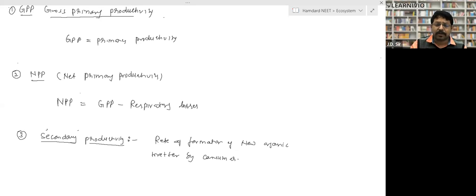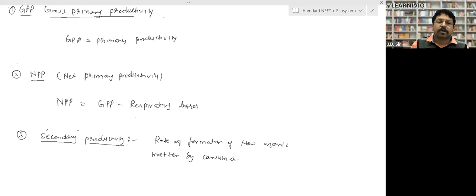So in the net, what has it produced? It has produced just 90 gram, right? The 10 gram utilized by the plant itself for the process of respiration, we'll deduct that. We call that respiratory loss. So net primary productivity, NPP, is GPP, gross primary productivity, minus respiratory losses. Whatever productivity we measure, we get the net primary productivity, right?